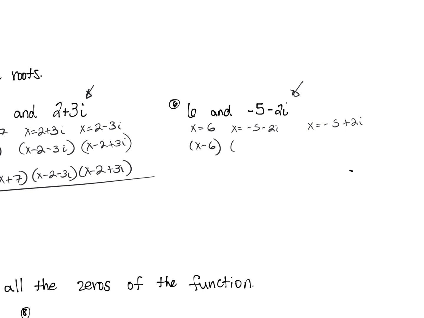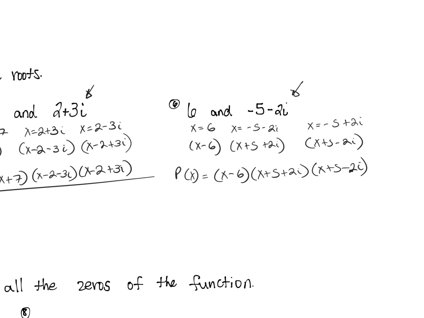And here we're going to have a parentheses of x plus 5 plus 2i. And we're going to have another parentheses of x plus 5 minus 2i. So we're going to end with the solution of P of x is equal to x minus 6, x plus 5 plus 2i, and x plus 5 minus 2i.